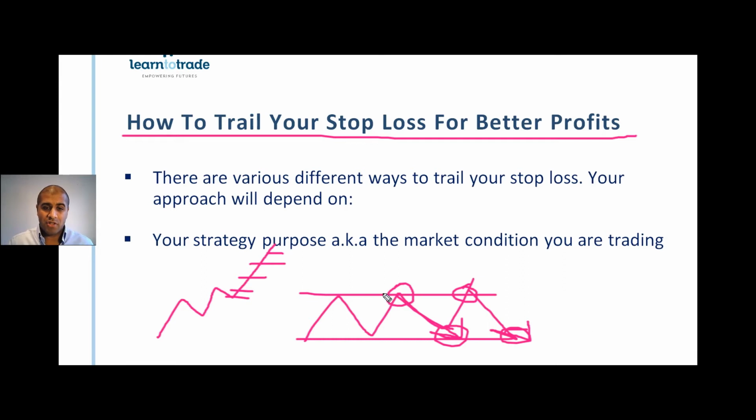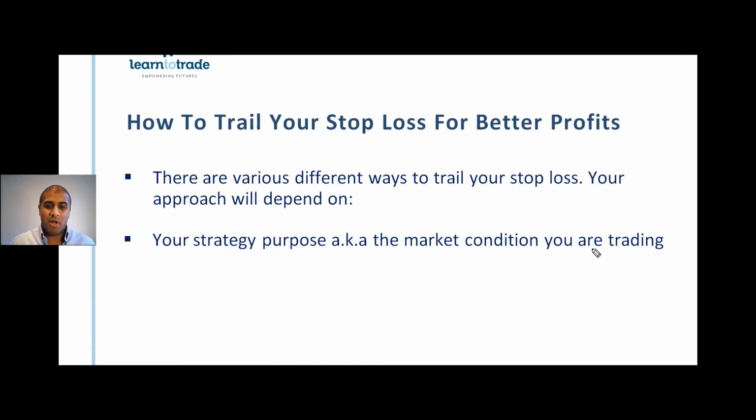Because some market conditions, like a consolidation, or if you're trading within a symmetrical triangle, for example, a trailing stop loss isn't even the best strategy to use within these consolidation patterns. Okay, so the first thing you have to ask yourself is, what's the market condition you are trading? Yeah, so your strategy purpose.